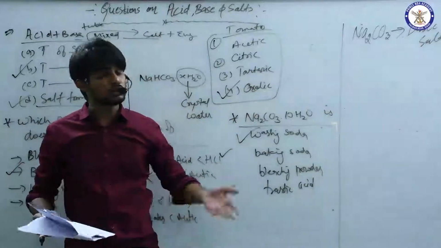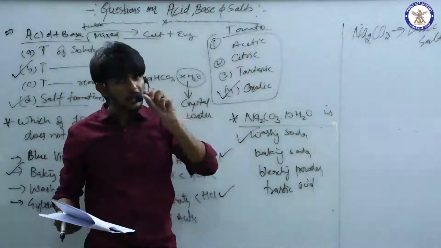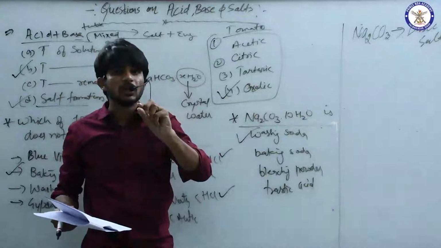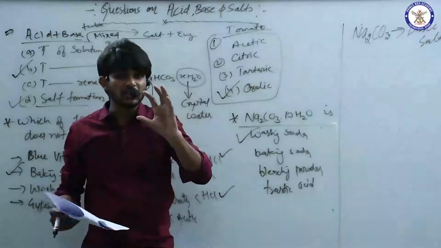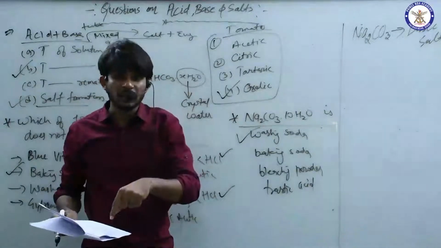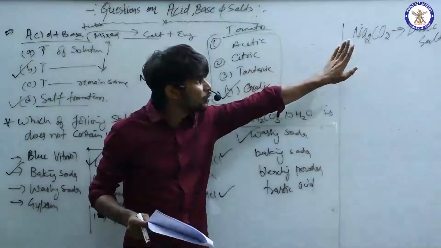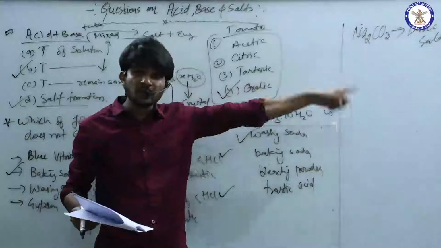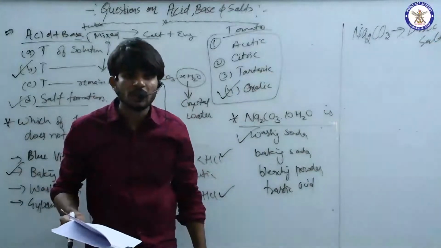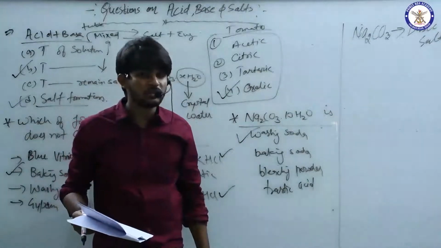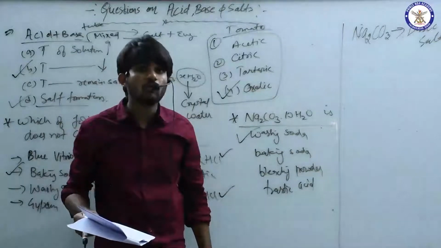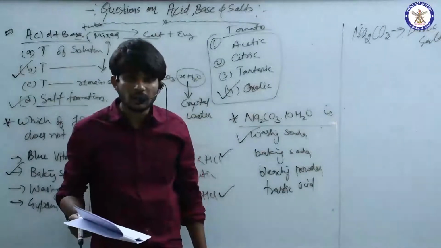But if you are taking a strong base and a weaker acid, then the strong base will again be dominating in the case of salt. So it has already been told to us that Na2CO3 is a basic salt. It means while forming this salt, a strong base and a weaker acid were used.